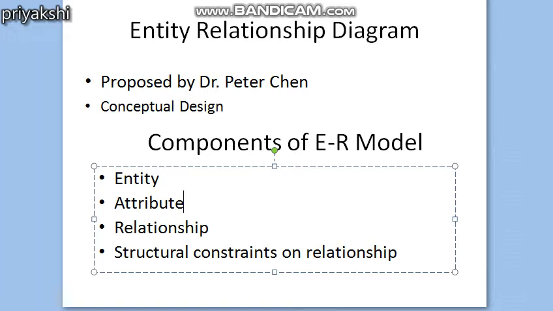Whenever we are going to design a conceptual design of the database, the ER model describes the data as entities, relationships, and attributes. Now we will have a look at these components one by one, and we will discuss them with suitable examples.